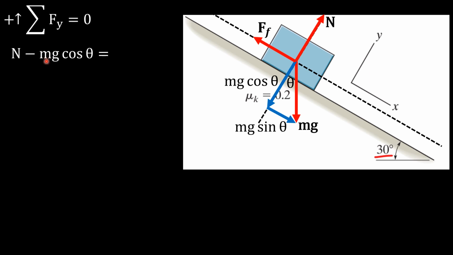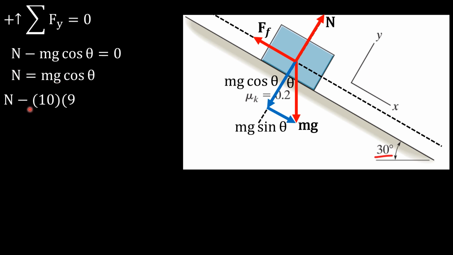So that will be the force of friction. Since we're dealing with friction, we need to account for the normal force. The sum of the forces in the y direction is equal to 0, because there is no movement in the y direction. So that will be the normal force minus mg cosine theta equals 0. We can solve for n to be mg cosine theta.